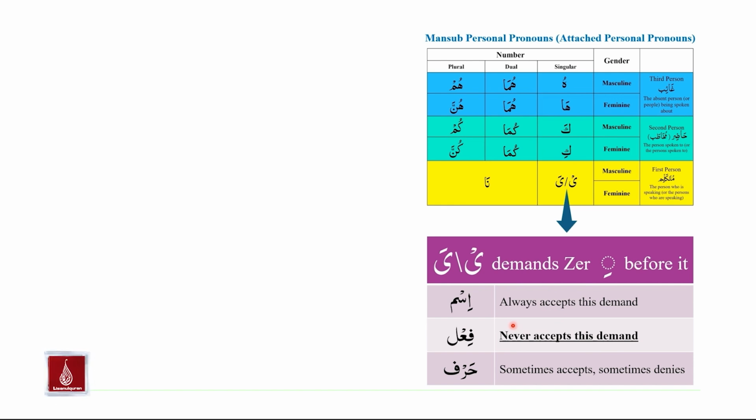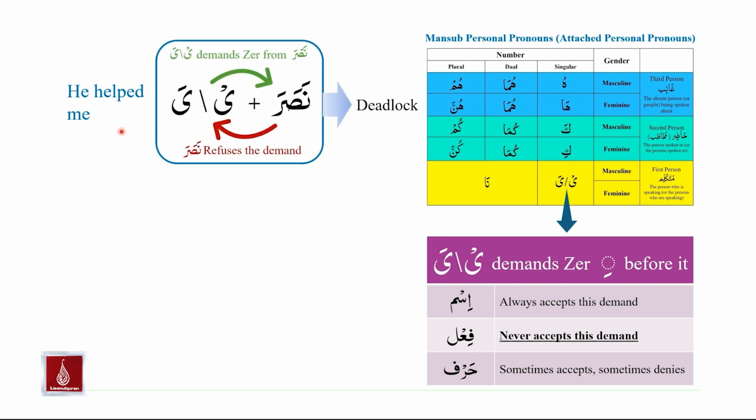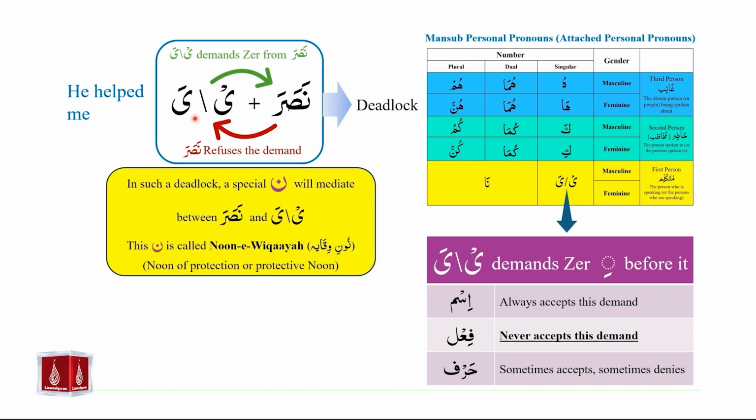So what do we do if we want to make a Jumlah Fi'liya like he helped me? In this case, we have Nasara, and Nasara is followed by Ya. Well, this Ya will always demand zair from Nasara, but Nasara is refusing to accept this demand. So we have a deadlock between Nasara and Ya. So in the case of such a deadlock, we have the role of Noon Wakaya.